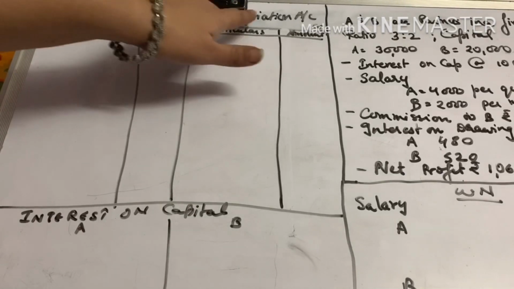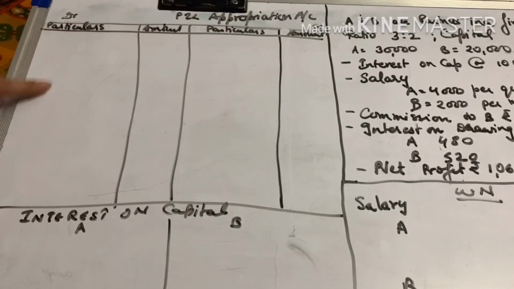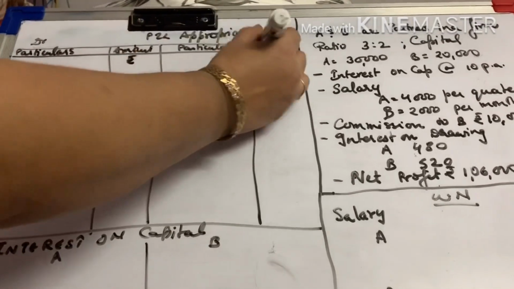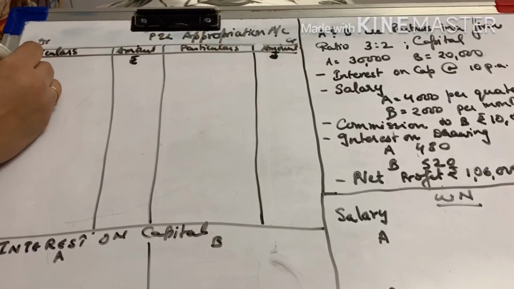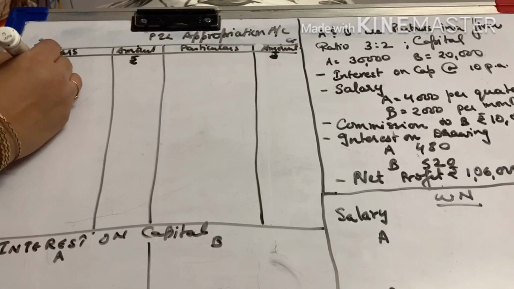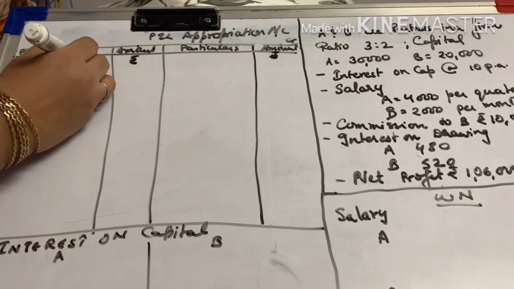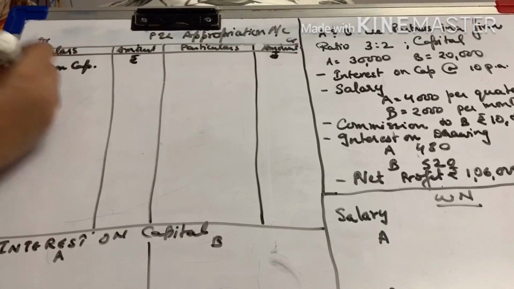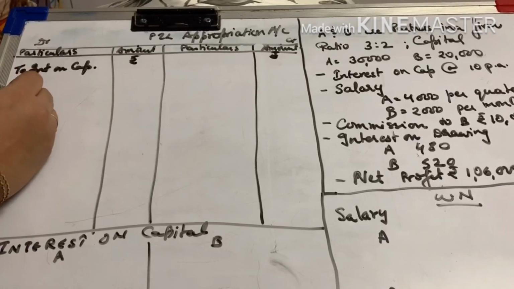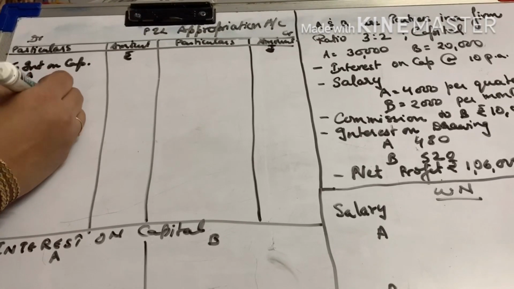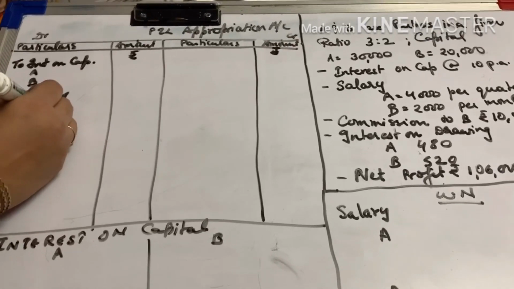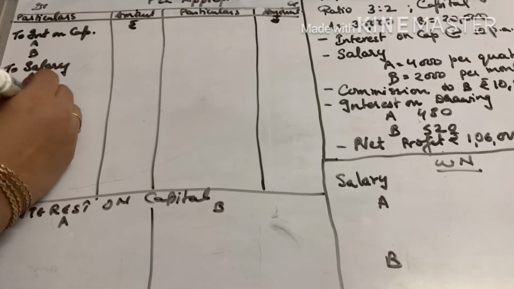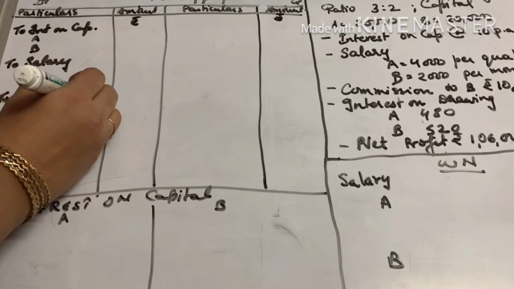So this is the P&L appropriation account, the debit side, and this is the credit side. These are the columns for amounts. First comes interest on capital for A and for B. Then salary for A and for B, and next B's commission.